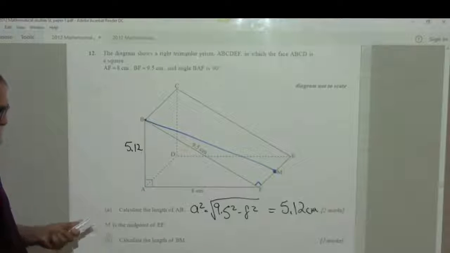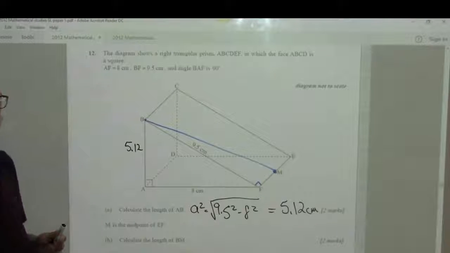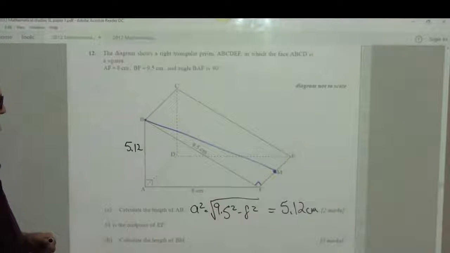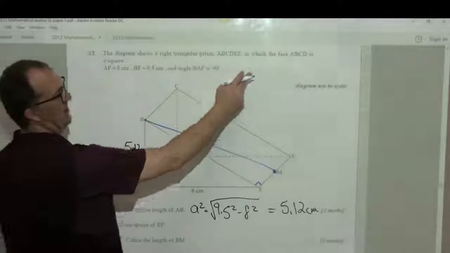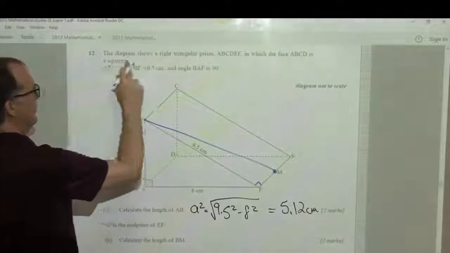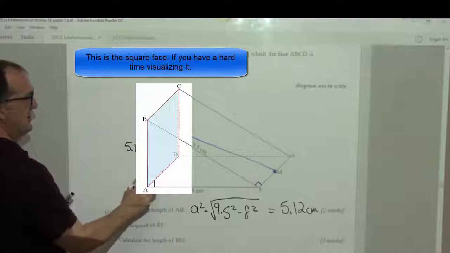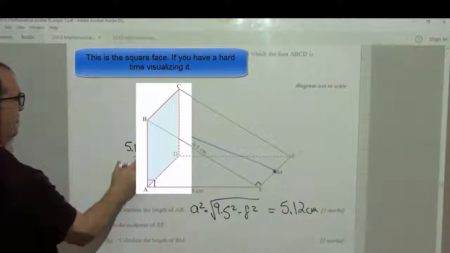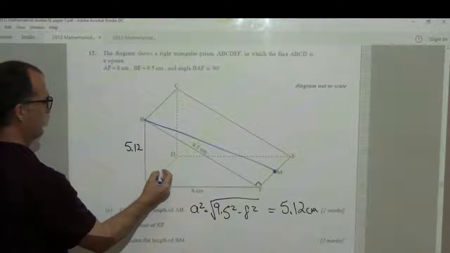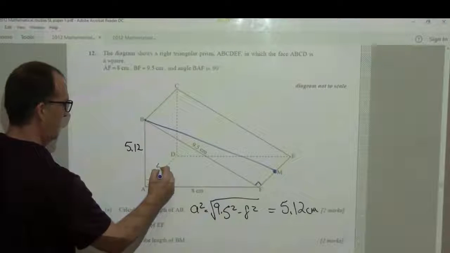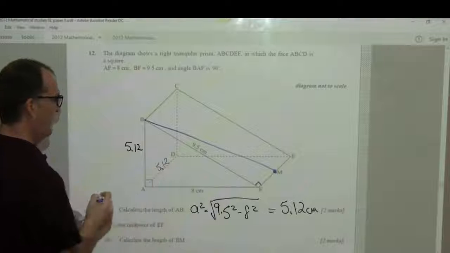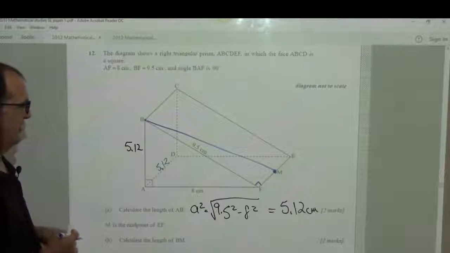You might think we don't know what it is. Well, again, go back to the information you were given. Face ABCD is a square. So this face ABCD, basically the back of the shape, is a square. If this is 5.12, then that length there must be 5.12.